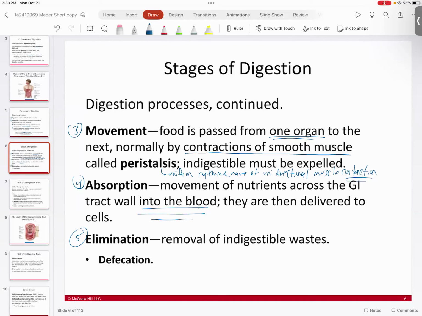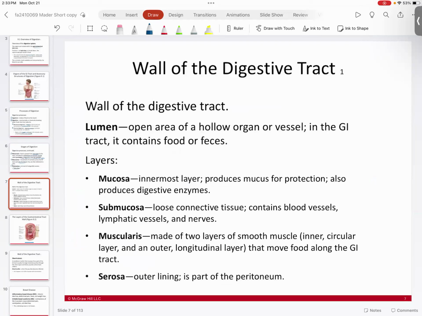So you pack this up and you eliminate, or defecate. Basically you poop out all your waste. In your feces is essentially all the undigestible material that your body was unable to absorb. So it picks and chooses what it wants, and it lets the rest of it go.